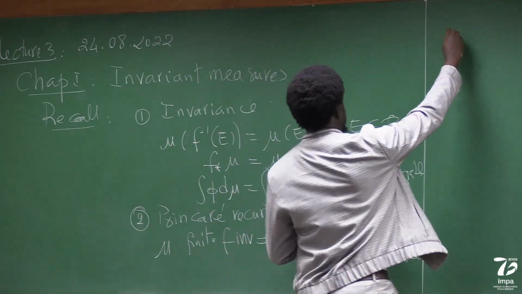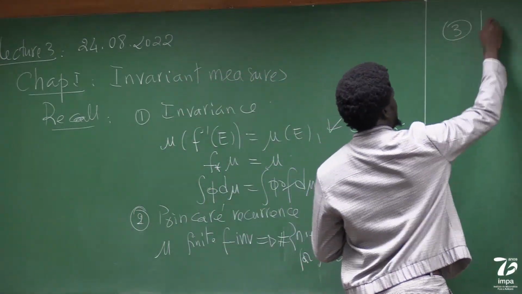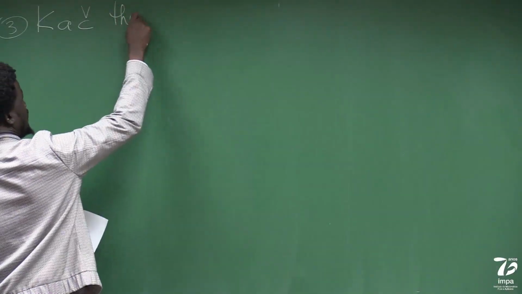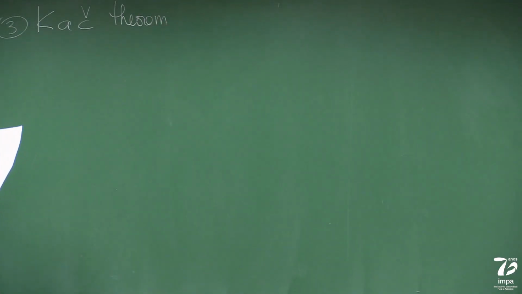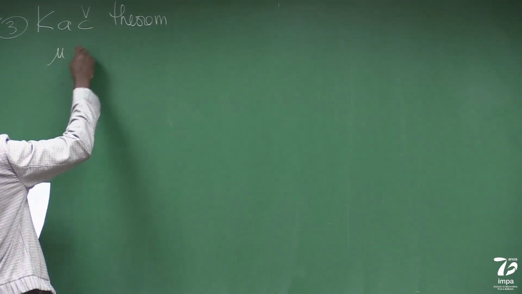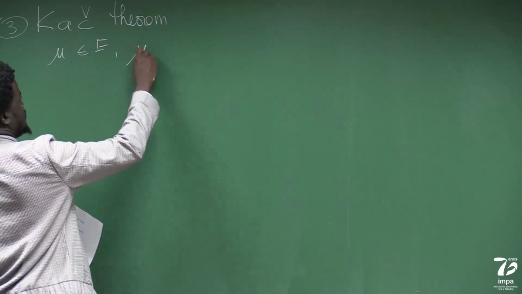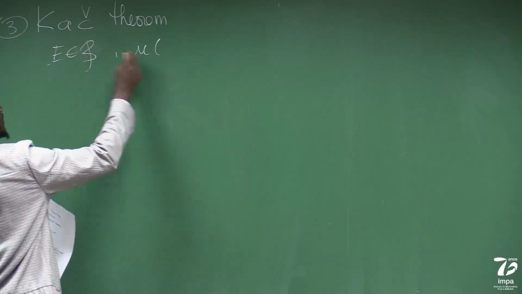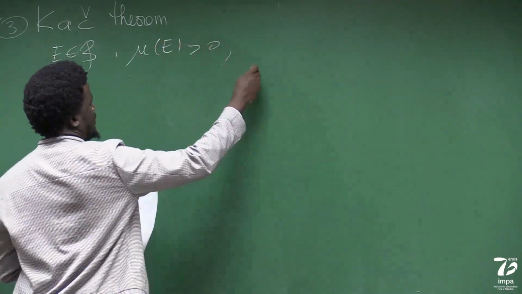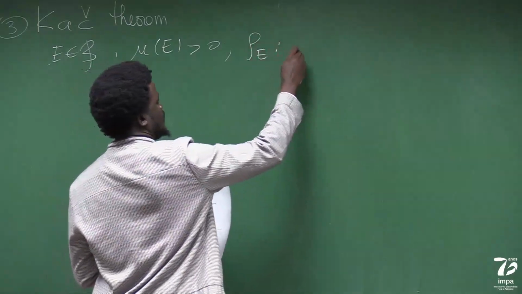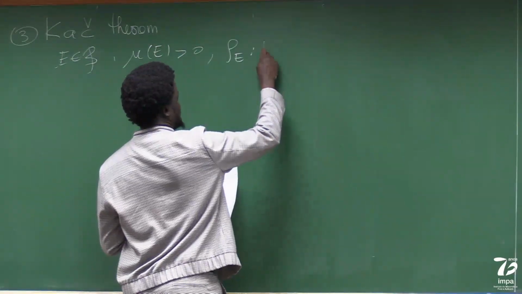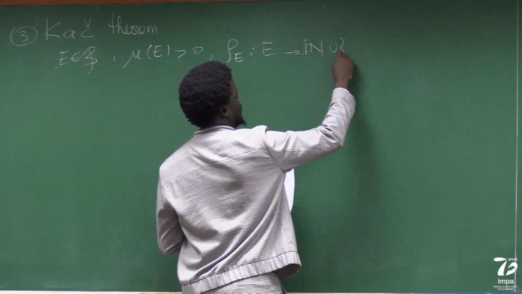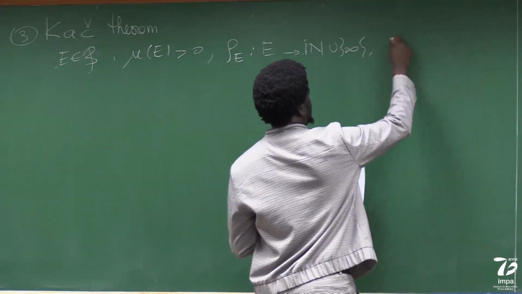And also we have seen a generalization of Poincare, which is Gauss theorem. This is about the first return time. So you have E in B, a measurable set, mu of E positive. Remember, we have rho E, from E to N. This is the first return time.